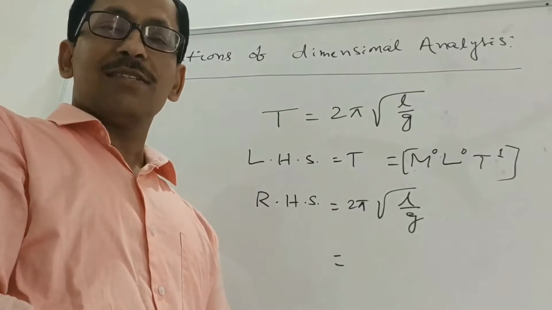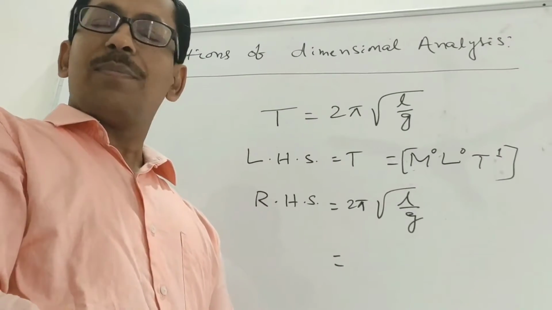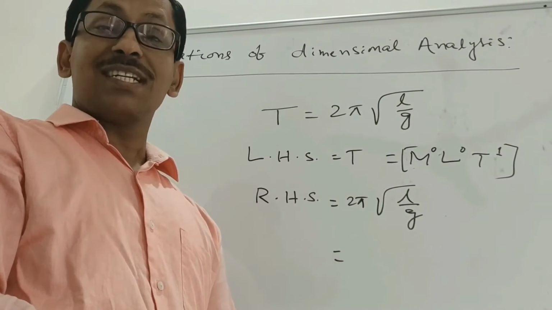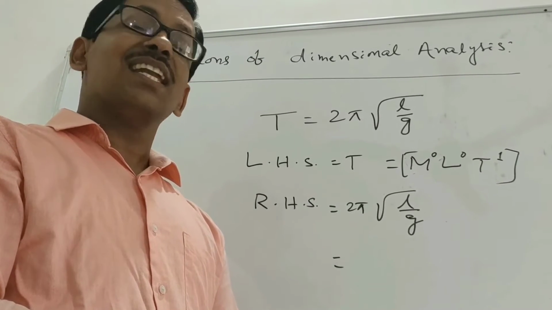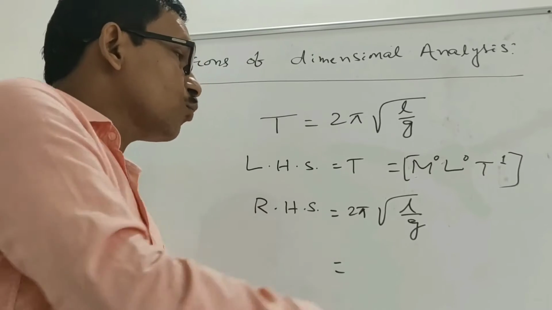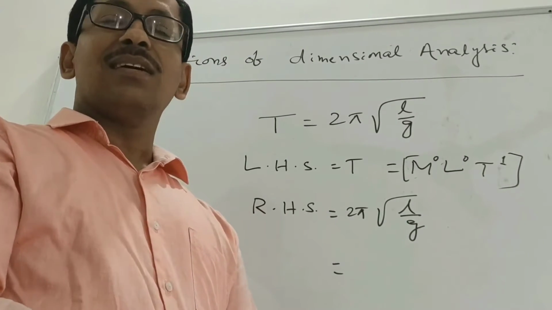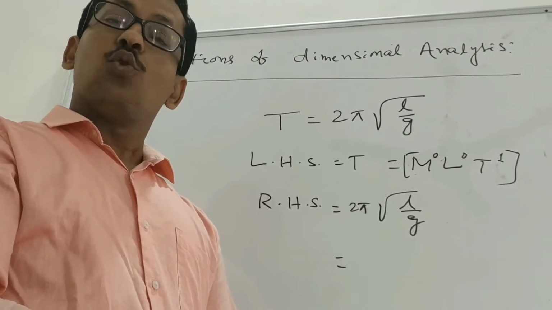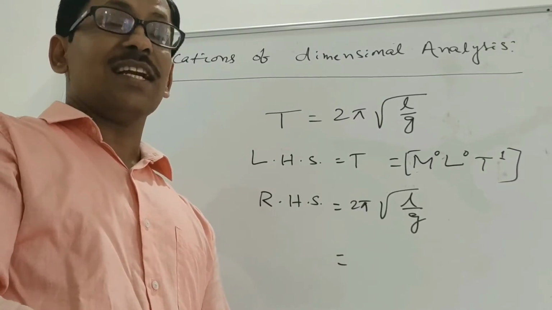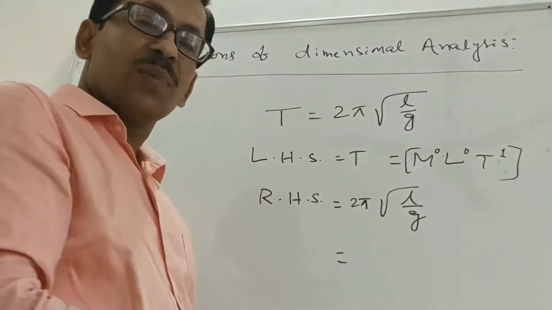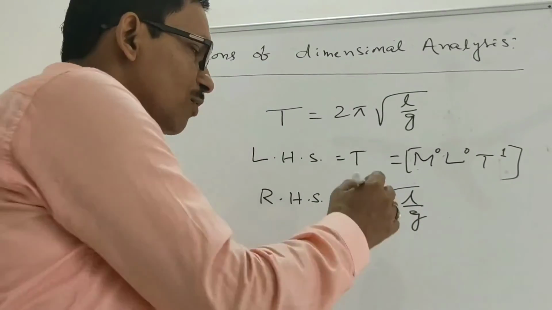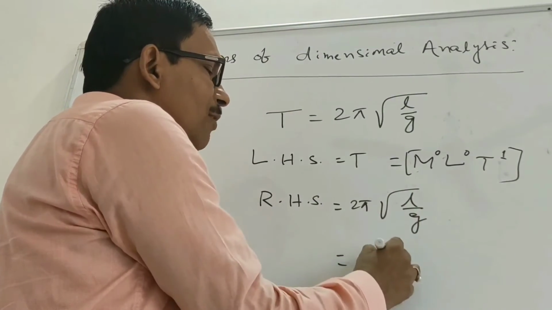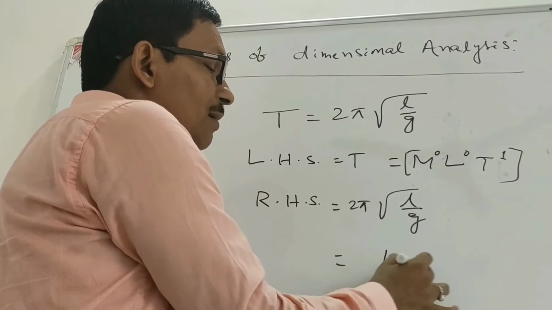Yesterday, in our last class, we found the dimensional formula of the gravitational constant and Planck's constant. So they are dimensional constants. The pi is a constant having no dimension. It is a dimensionless constant, so no dimension for 2 pi. Only L has dimension, G has dimension. So what can I write? For L, I will write here L divided by acceleration.